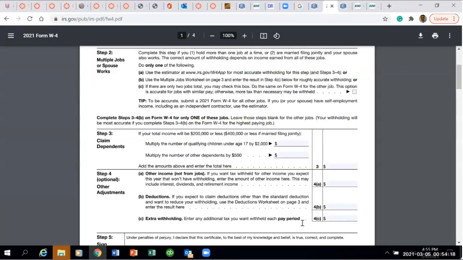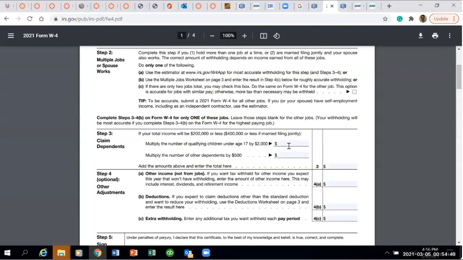Yes. So I changed jobs last year, and this is where everything for me became really messed up. So if you just put on step 3, if I had any kids, I would put 2,000 there. How many kids? One kid. Well, no, I only have one dependent. Oh, okay. So 2,000, yes.